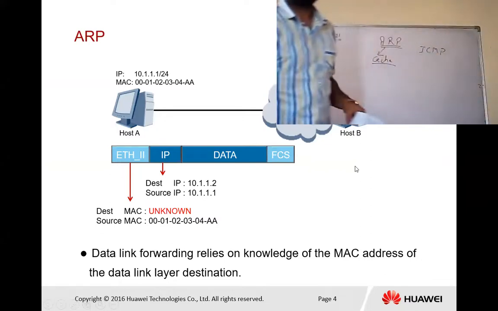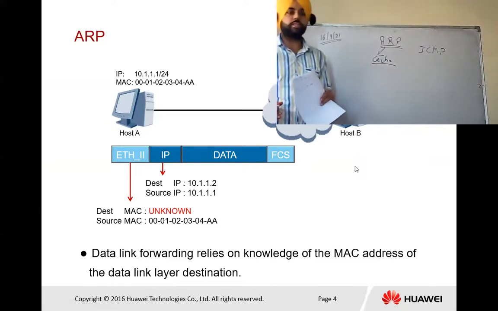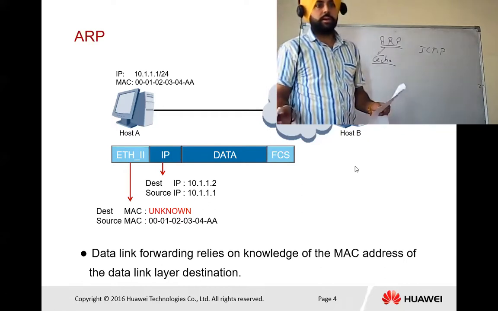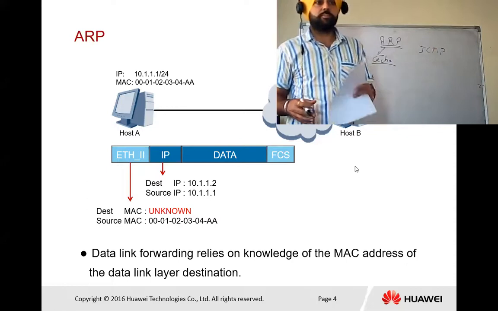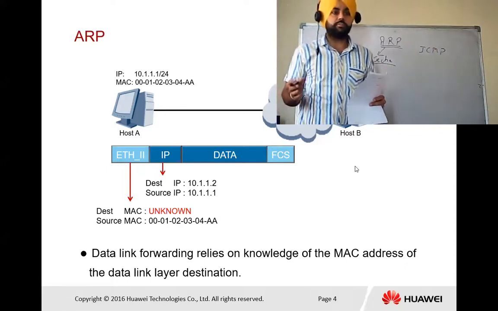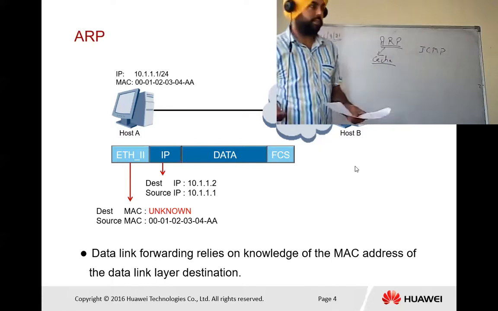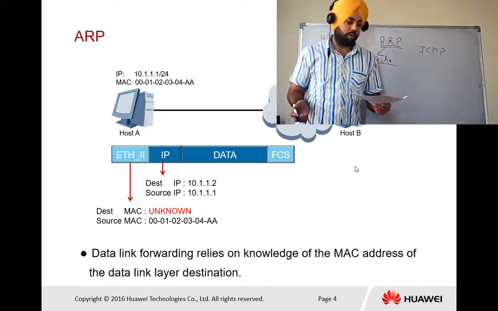This is a diagram where we have one host that wants to communicate with host B. The IP address of the first PC is 10.1.0.0/24. That means in this case we are using classless IP addressing, and we have the format for that.